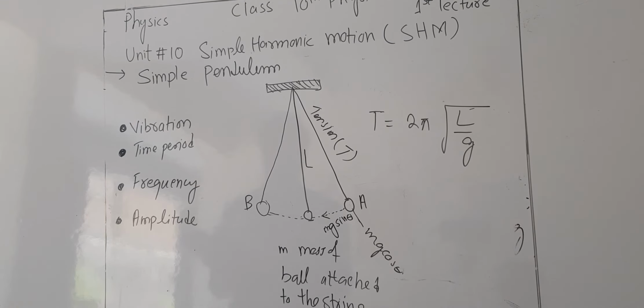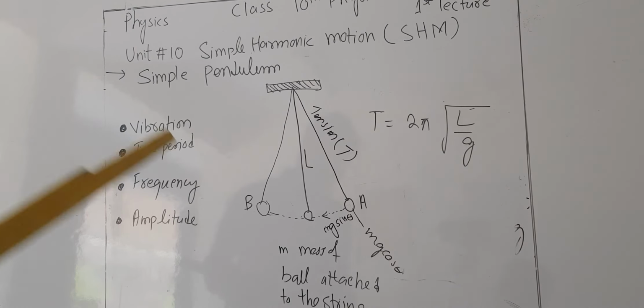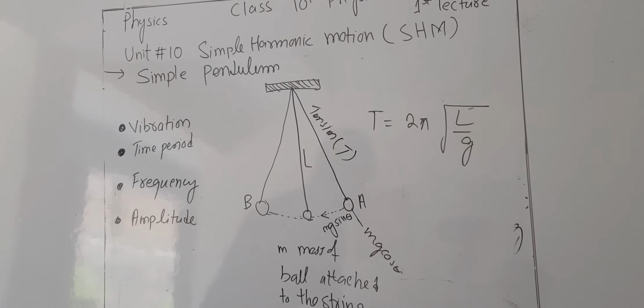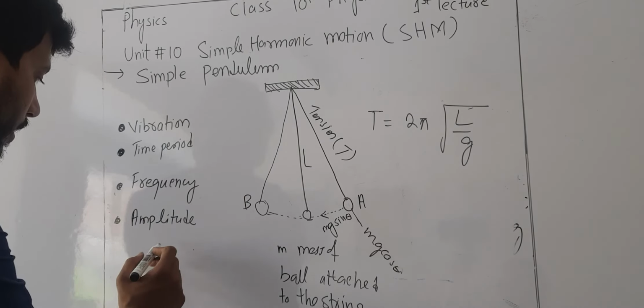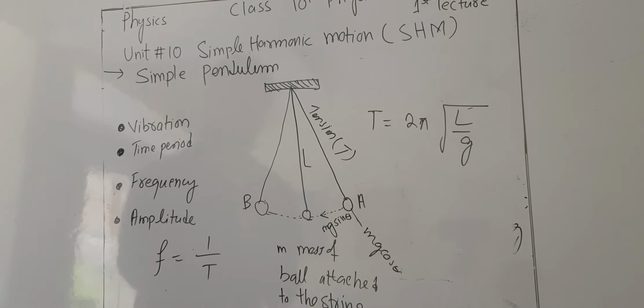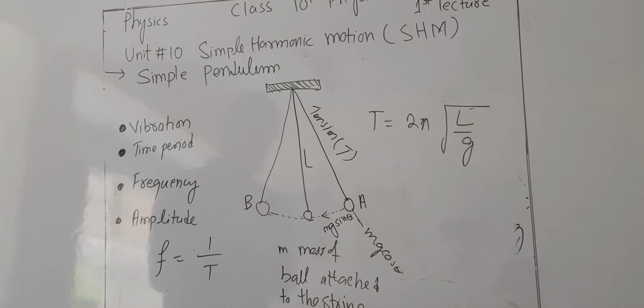The number of vibrations of a vibrating body in 1 second is called its frequency, and the reciprocal of the time period is also termed the frequency. We will explain this in another video.